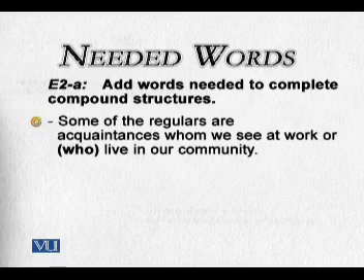Now, if I add who here, the meanings will be more clear. Some of the regulars are acquaintances whom we see at work or who live in our community. Whom in the first part and who in the second part.